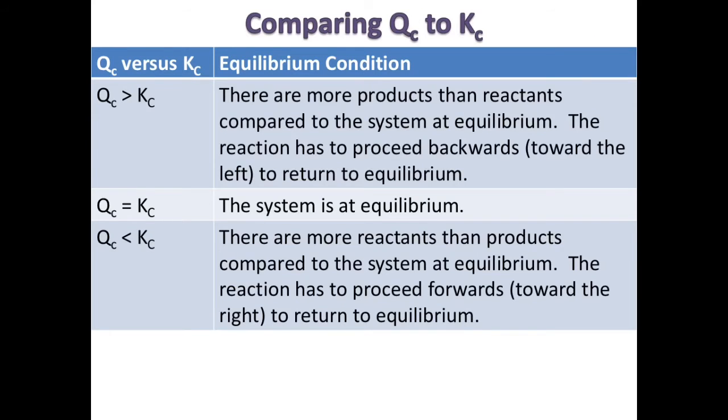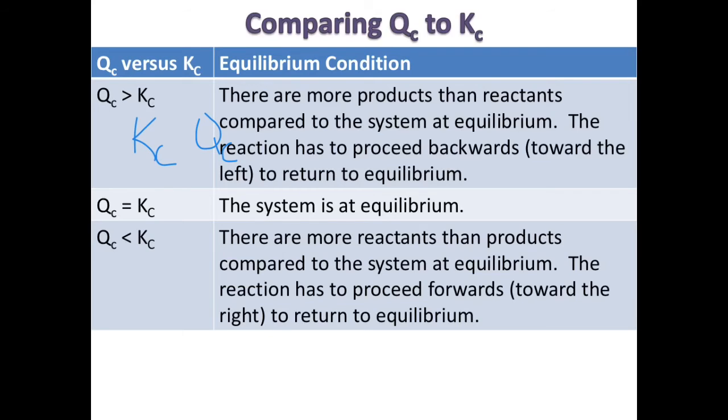I should probably make some changes to this slide, because as I showed you before on a previous slide, the arrow, or the greater than, less than arrow, will indicate the direction that the reaction will go if you put the equilibrium constant first and the reaction quotient second.